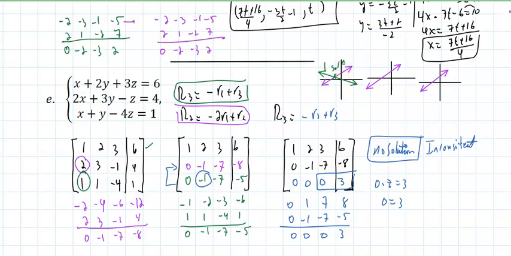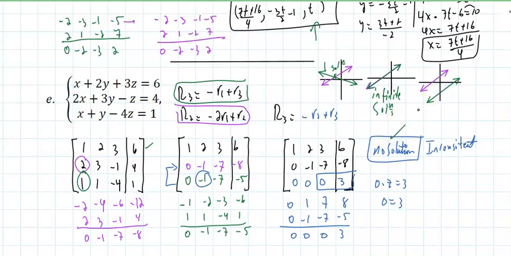You could have two lines that are identical: infinite solutions. And you could have two lines that are parallel. They never cross. That's the no solution case.